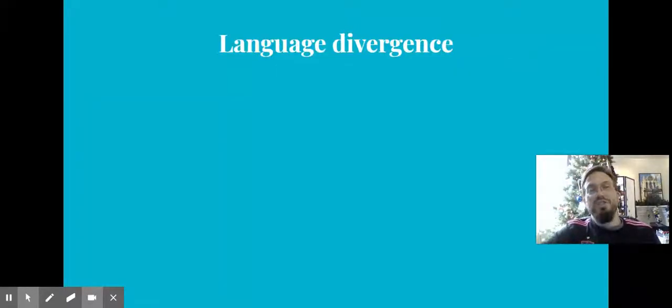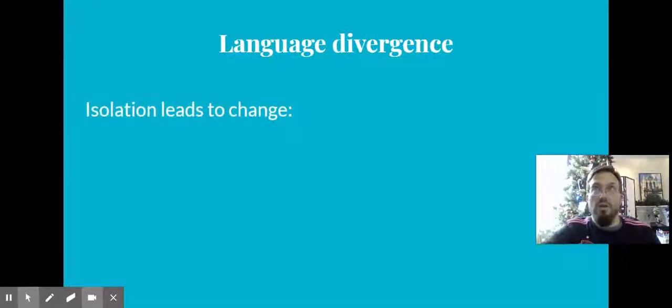One is language divergence. If you know what diverge means, then you know exactly what divergence is. It's when a language splits and becomes different things. Usually that's because the isolation of a people who speak a language leads to change. So in the example of England, once people had conquered the island, they were physically distant from the Germanic origins that they had, and so their language started to change.